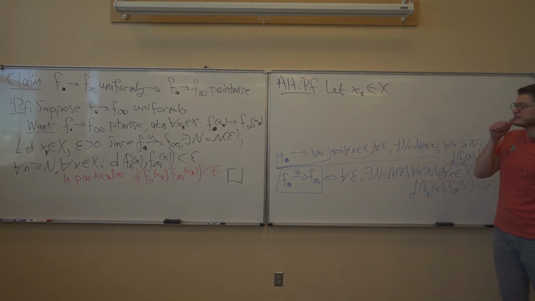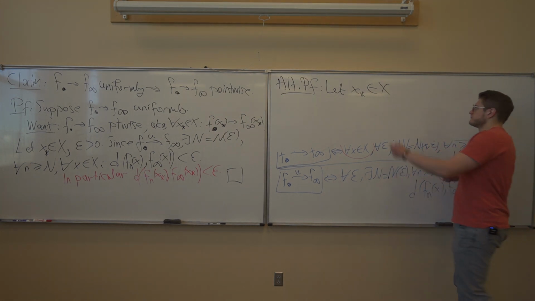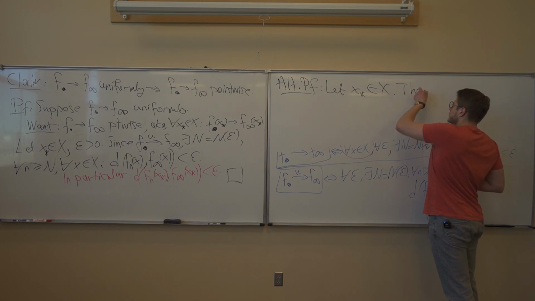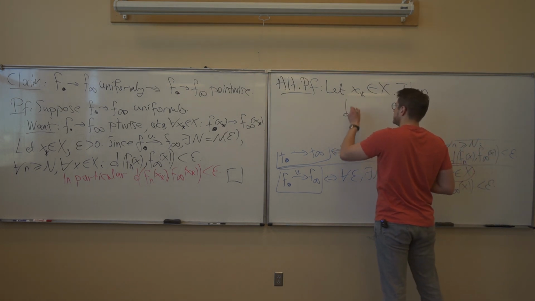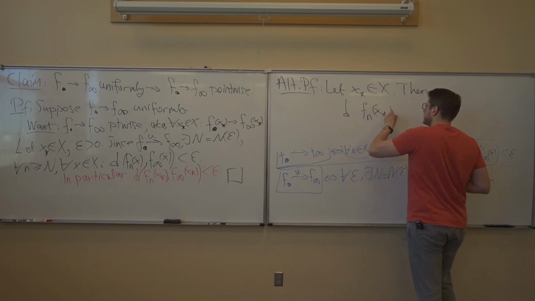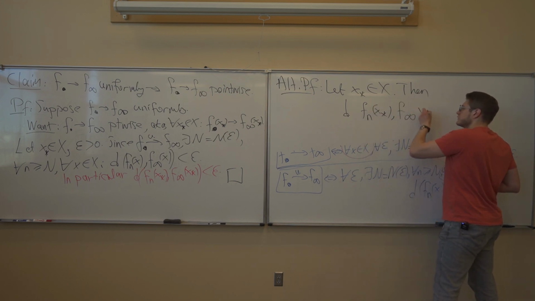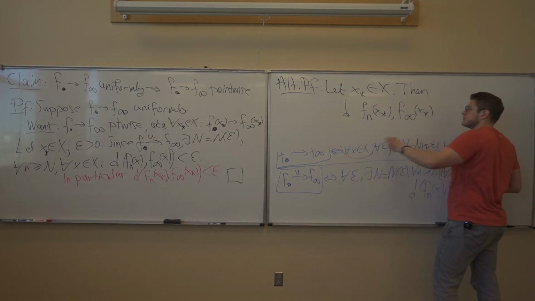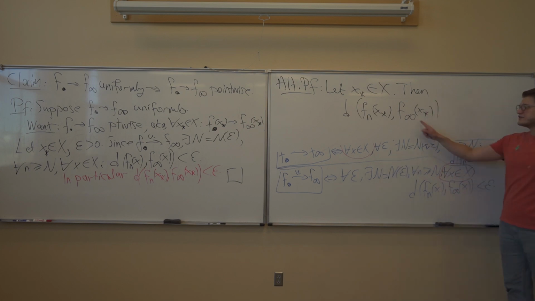Again, I'm assuming that I have uniform convergence. I want to show pointwise convergence. Then this is the sequence of real numbers that I want to bound.